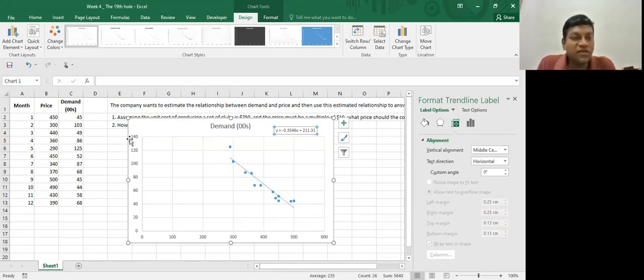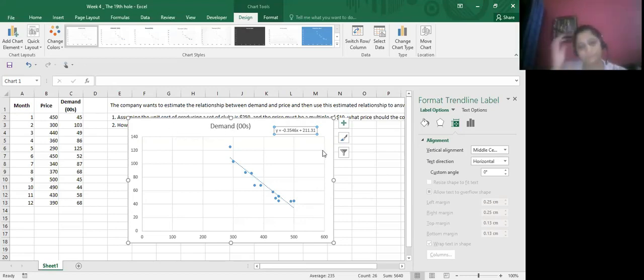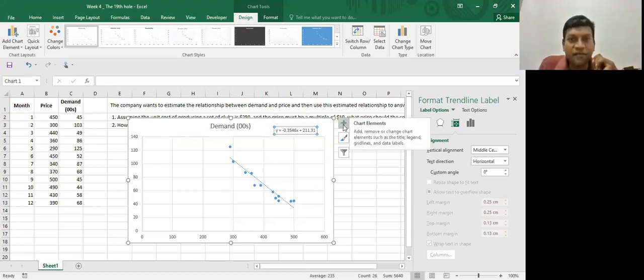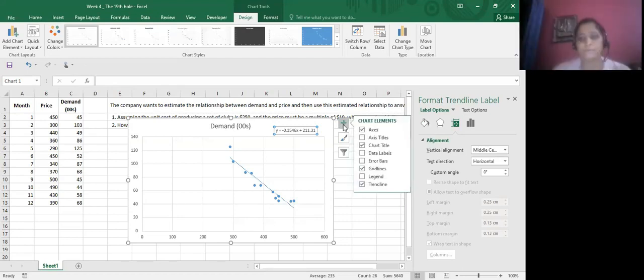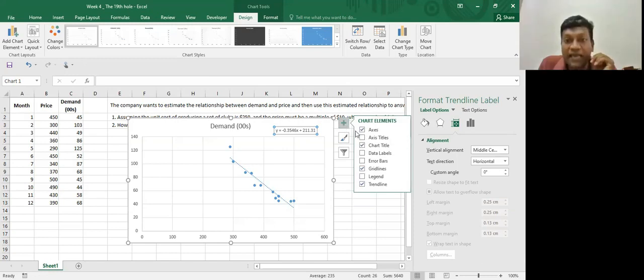Okay, great. So did you get this scatter plot, Satya? Yes. Okay, now on the top right, there is a plus sign, which is called chart elements. Click on that, and then there is an option called trend line.